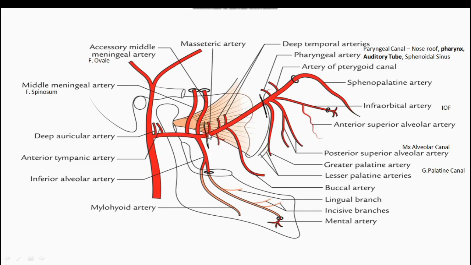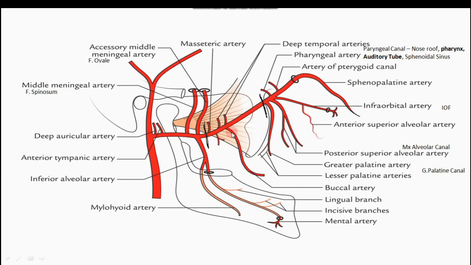Now the second part. Further, this artery is moving forward and upward, now giving muscular branches. One is the masseteric artery, which supplies the masseter, then the deep temporal arteries, which supply the temporalis.